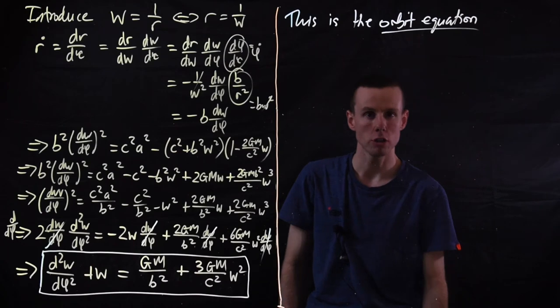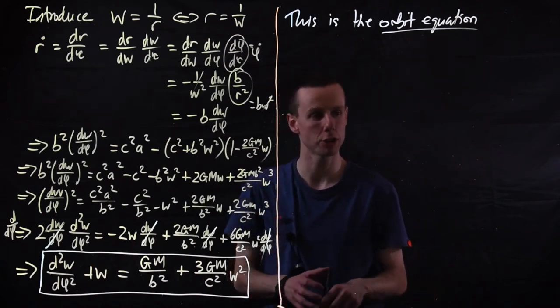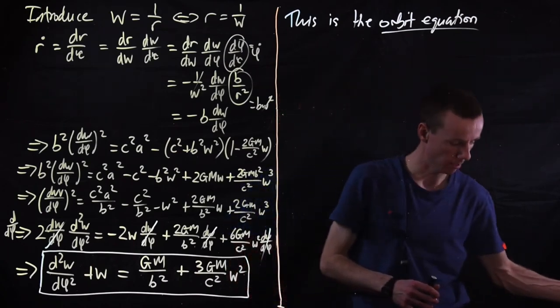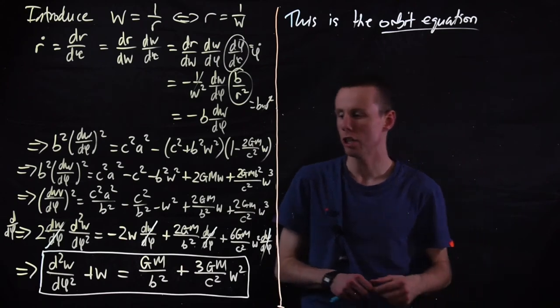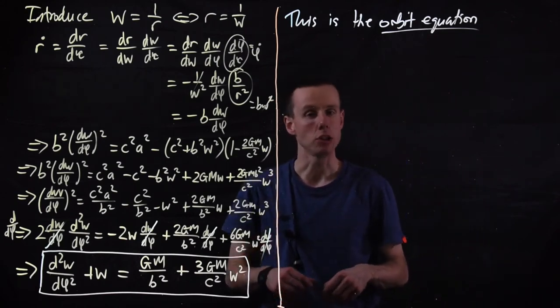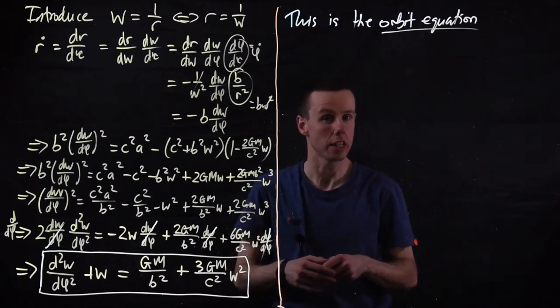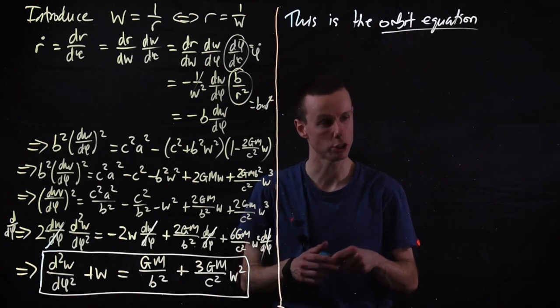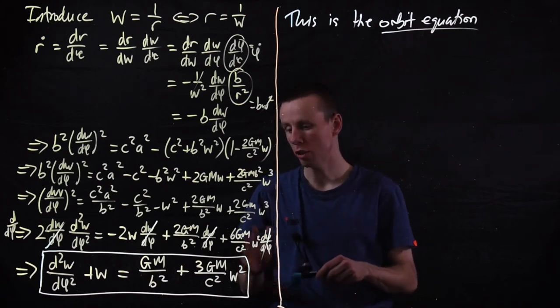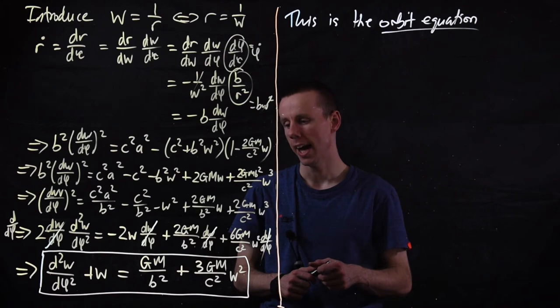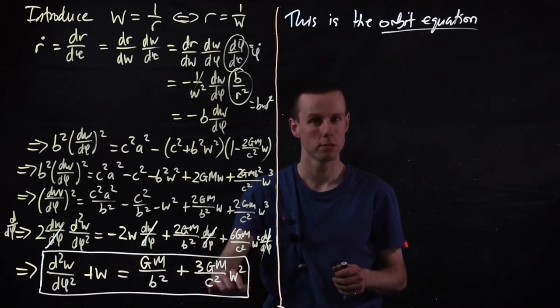Well, it turns out, and again I show this in the lecture notes, the PDF, that in Newton's theory, you can get the exact same equation. So in the Newtonian theory of gravity, you get the exact same equation, except without this term.